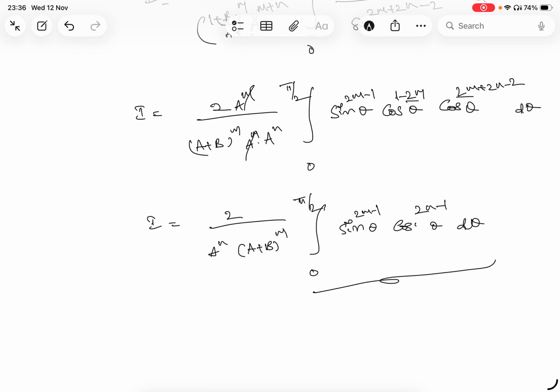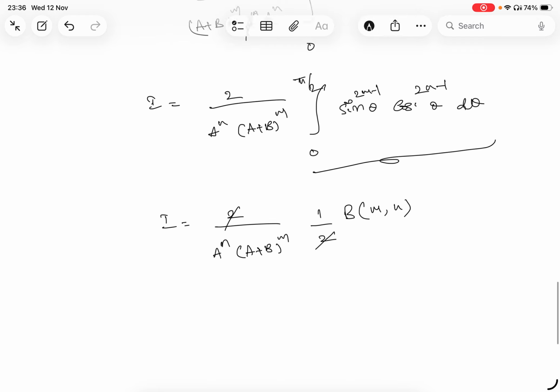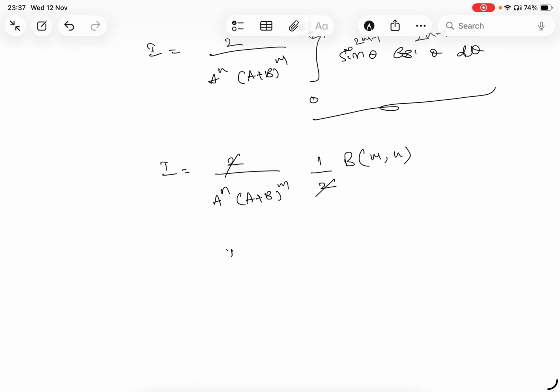Now as you can see, this is related to the beta function, which is I equal to 2 by a power n into a plus b whole power m into half of beta function of m comma n. Fine. Now these two will get cancelled. Now this I is 1 by a power n into a plus b whole power m into beta function of m comma n.